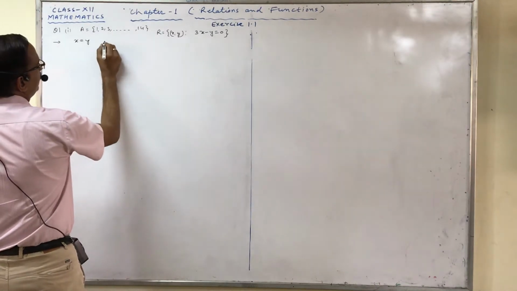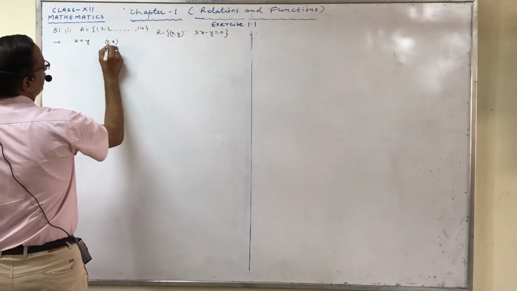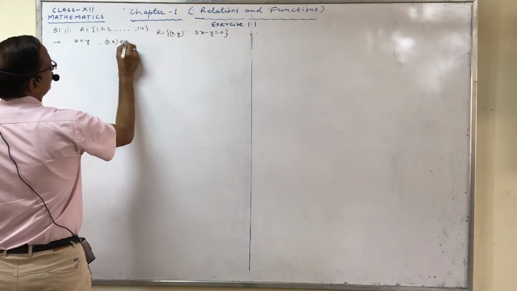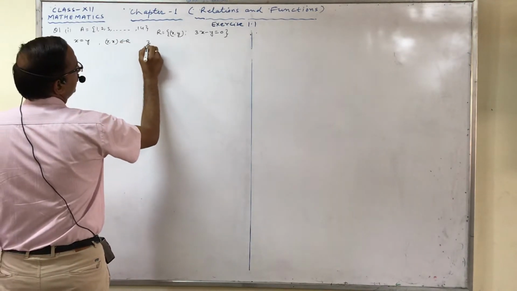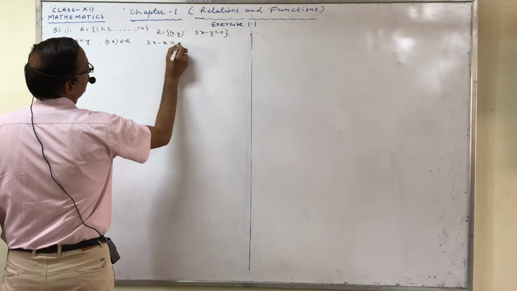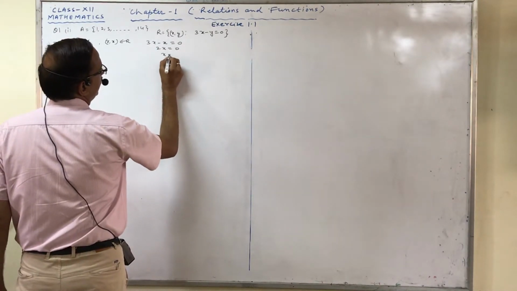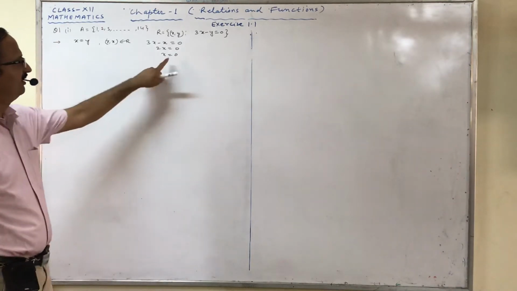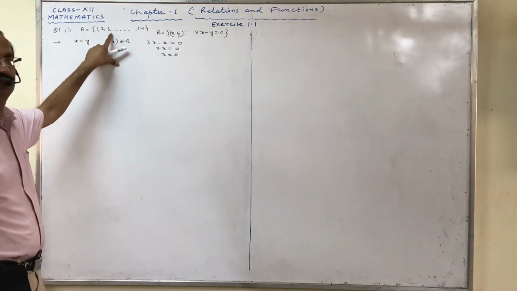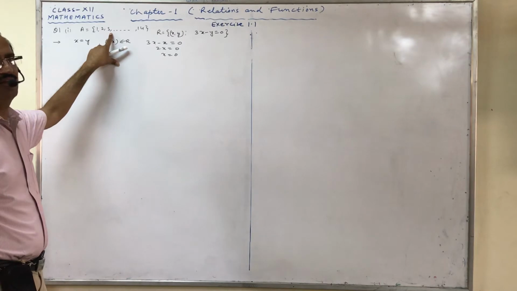Okay, so it means (x, x) belongs to R. It means 3x - x = 0, or we can say 2x = 0 and x = 0. Now check whether x belongs to this set or not. No. Therefore, R is not reflexive.